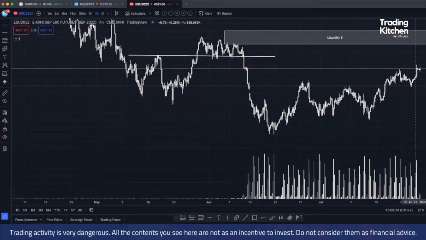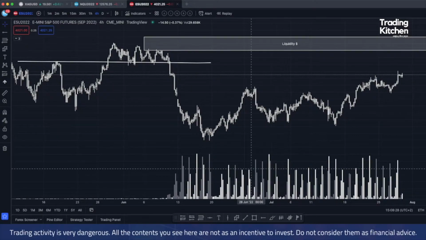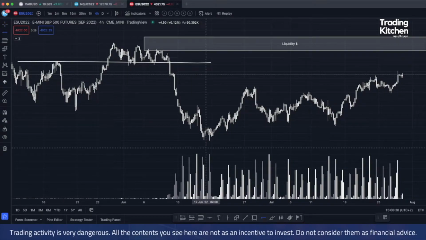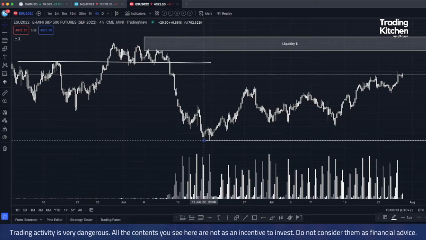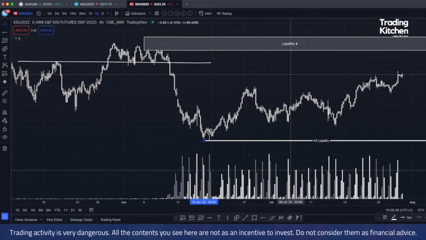Okay, then same thing on the lower time frame, but as you can see here we have a double bottom. Double bottom is one of the most incredible patterns that you can trade, but not like the retail traders teach you.